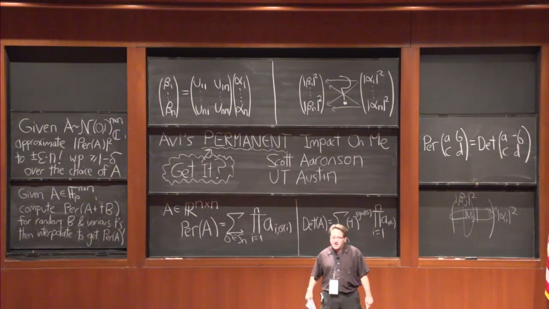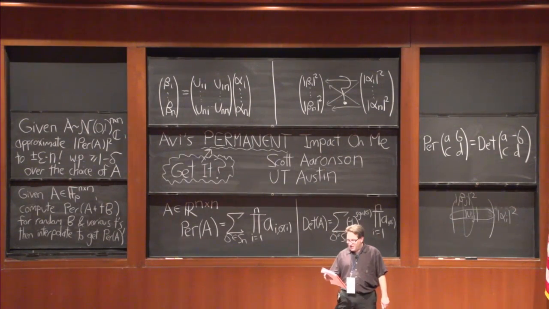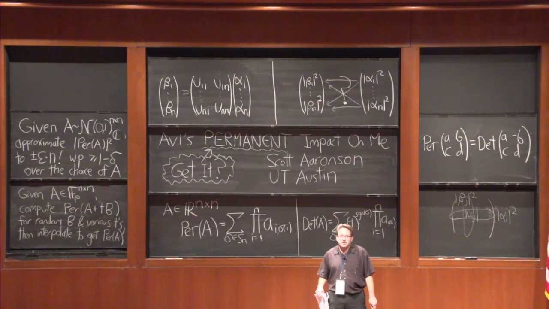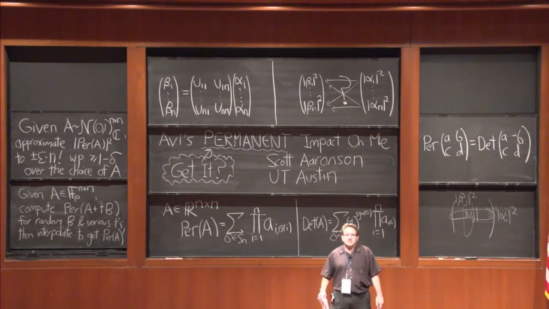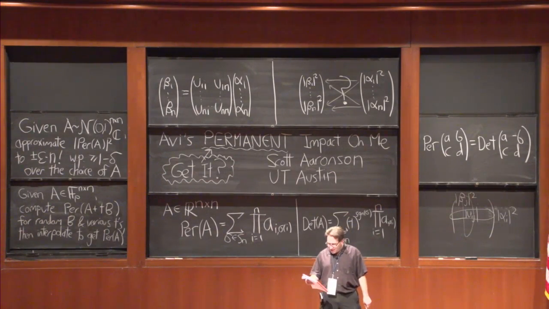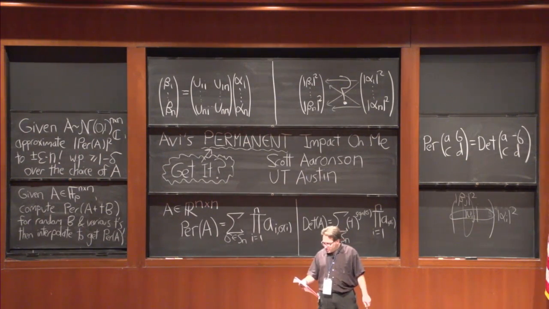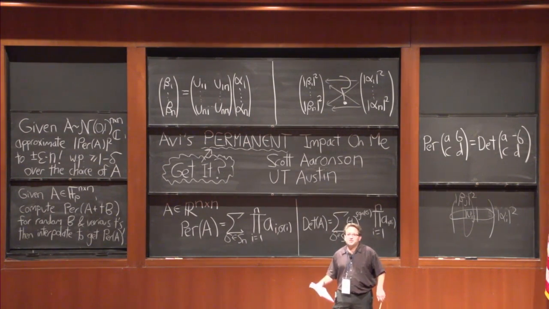So it immediately raised the question, wait a minute, bosons, particles that occur in nature, are somehow associated with a sharp P complete problem. So does that mean that we could actually exploit that in some way in order to solve sharp P complete problems in polynomial time?